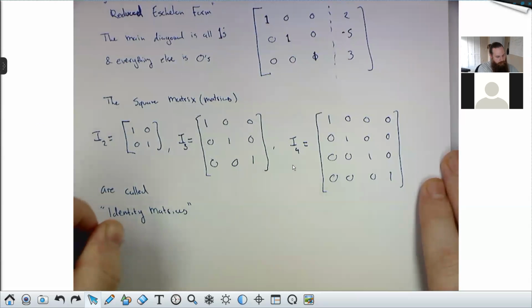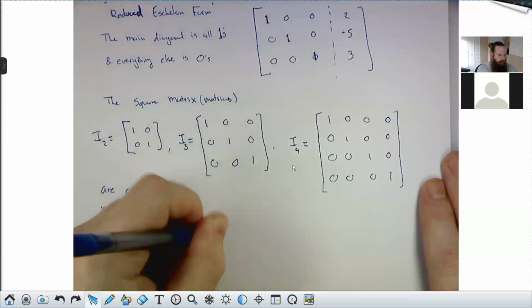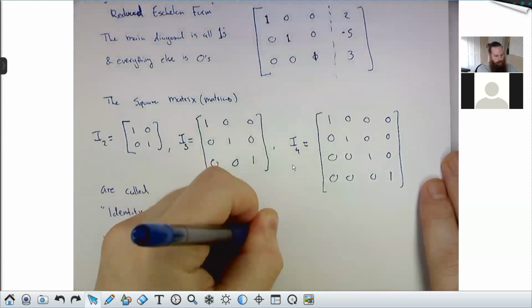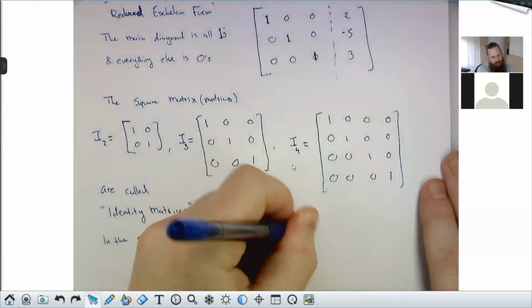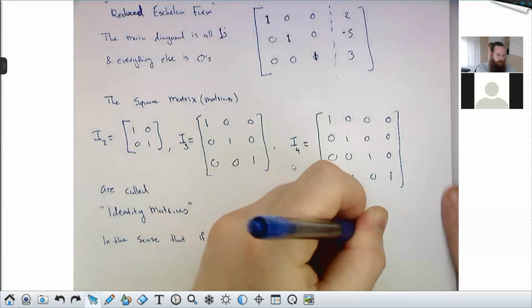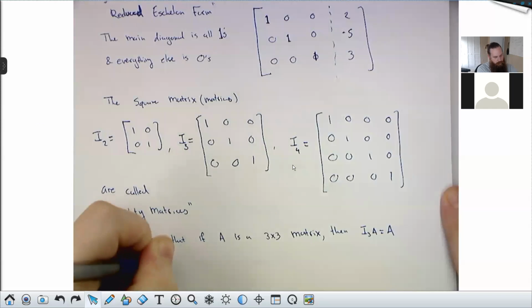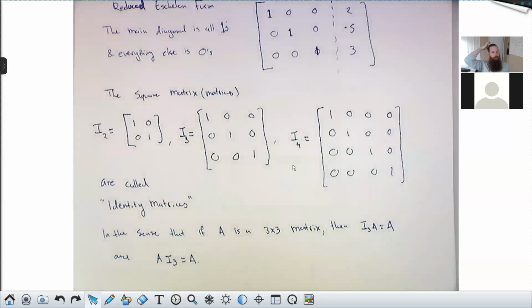In the sense that if A is a 3 by 3 matrix, then I3 times A is A, and A times I3 is A. In other words, if you multiply a square matrix by the same sized identity matrix, so if A is any 3 by 3 matrix, then when you multiply by the size 3 identity, you get A back.